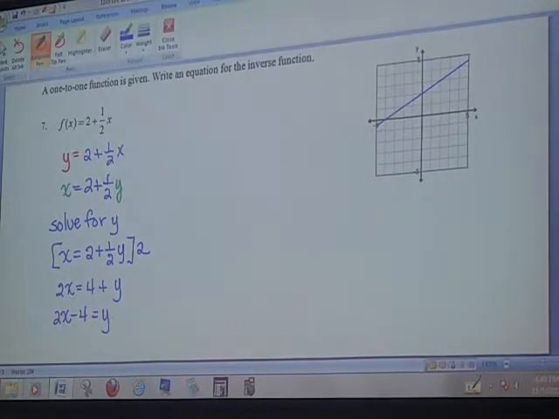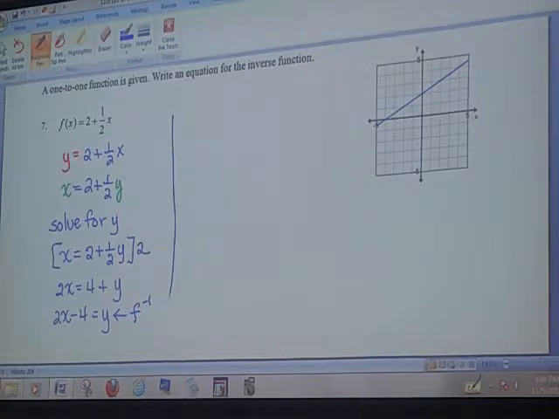Solve for y. I'm multiplying by the common denominator to eliminate it. Here, that is my F inverse, I think.